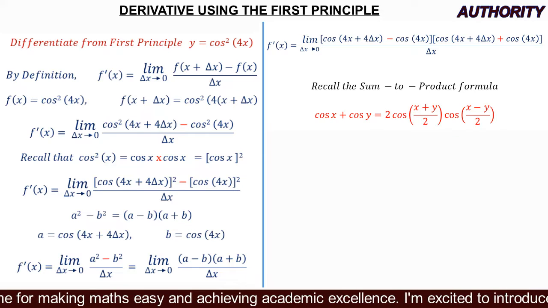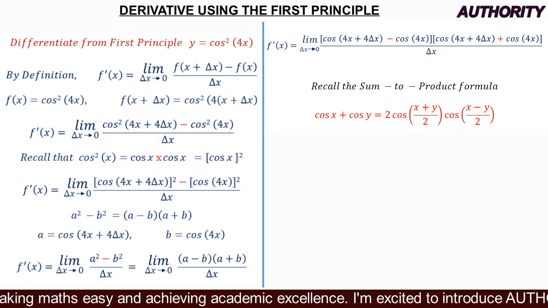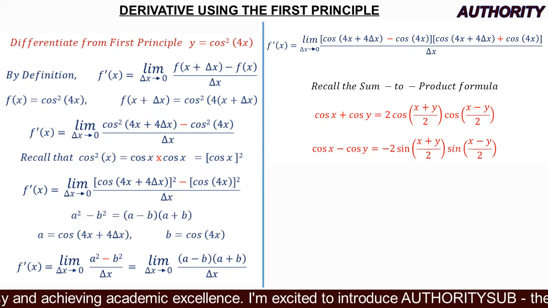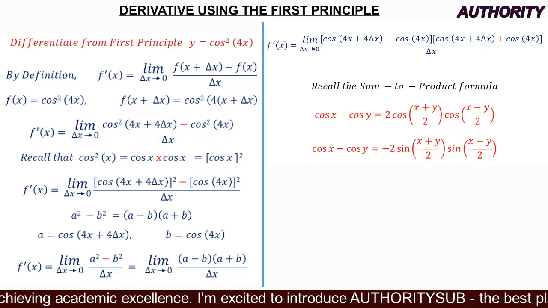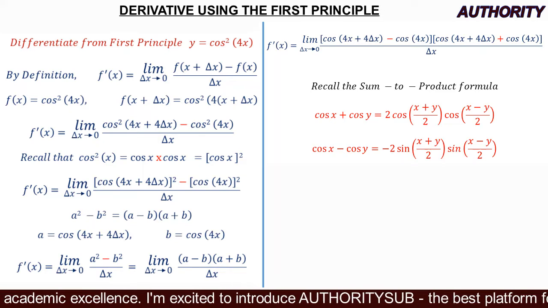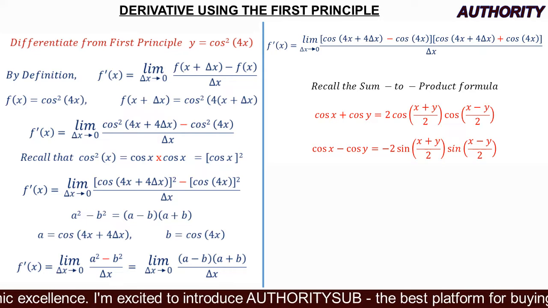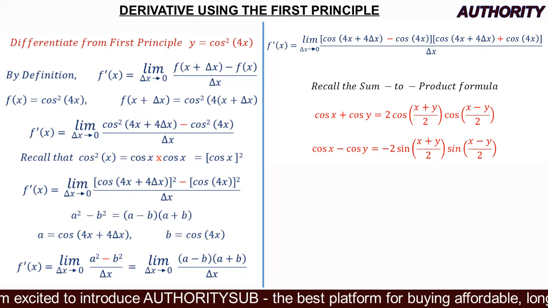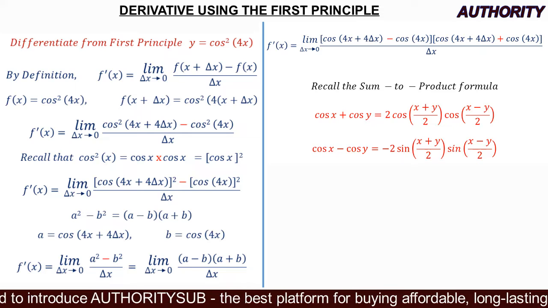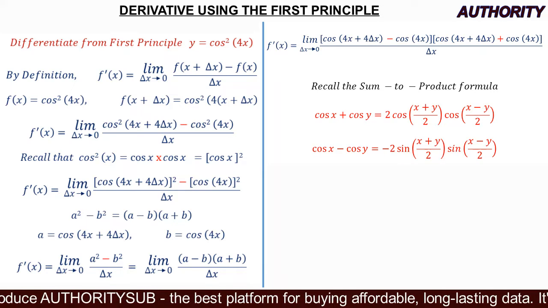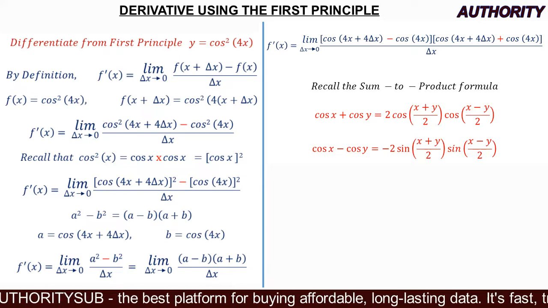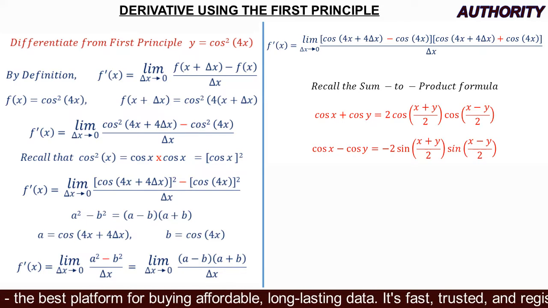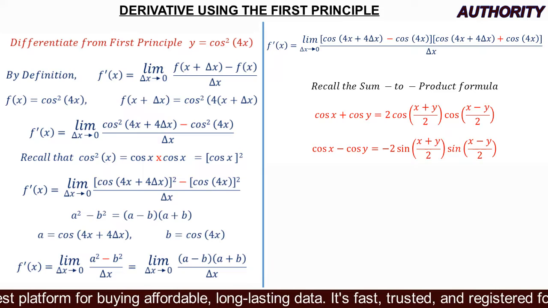And then when you come to difference or subtraction, where you have cos x minus cos y, it's going to give you minus 2 sine of x plus y all over 2 multiplied by sine of x minus y all over 2. Yes, please, this formula is very important, and I want you to remember it. So as long as this particular question is concerned, you need this formula.